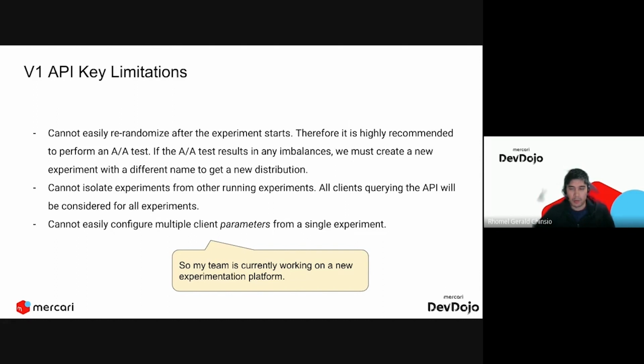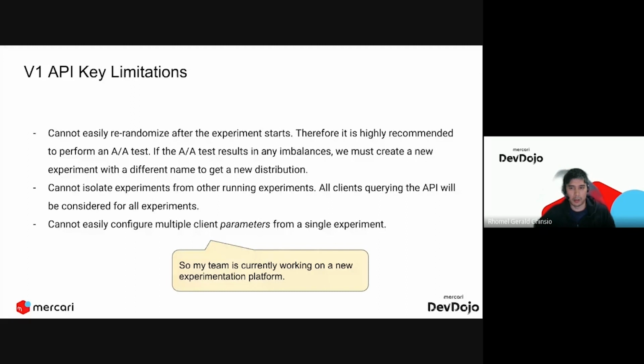So one of the key things when it comes to randomization: we assume random is uniform. Like you flip a coin, and out of 100 flips, you'll get heads 50 times and tails 50 times. But when it comes to randomization in our experimentation system, even given a truly uniform distribution or truly random function, you may not actually get a good distribution.